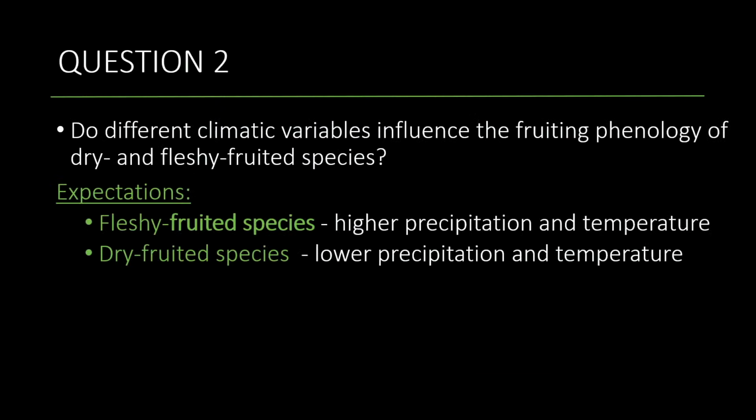And then we wanted to know whether different climatic variables influence fruiting phenology of the 2 groups, and we expected that fleshy fruited species do better in areas of higher precipitation and temperature, and dry fruited species in areas of lower precipitation and temperature.